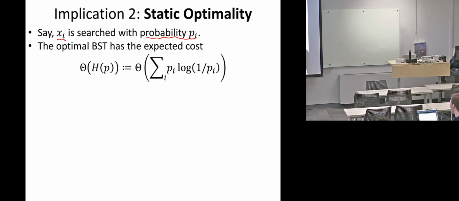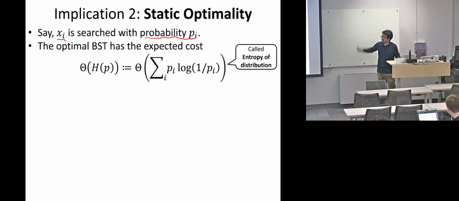Within a constant factor, it's going to be this thing. I'm not sure you have seen this, but it is called the entropy of the distribution. It's a good concept you can look up, but not for today. Anyway, this is up to a constant factor the cost of the optimal binary search tree that you get using DP.